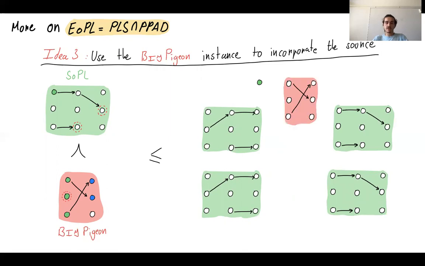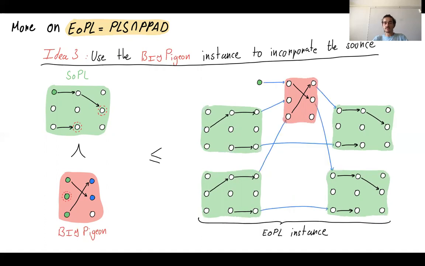And now we're going to link them using the bijective pigeon instance as follows. Okay, so this we call our EOPL instance. And notice how we've used our bijective pigeon instance to hide the new source. In particular, it allows us to pass from three sinks to two sources. And in this way, we can hide the new source.